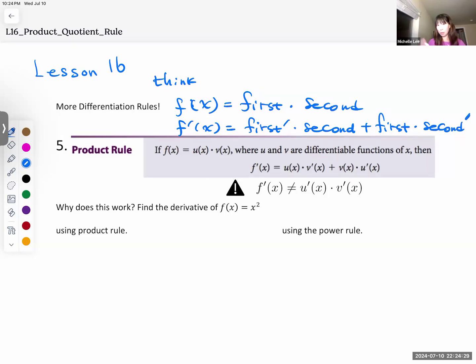Okay, that's prime. All right. Okay, so in that case, let me rewrite this one.